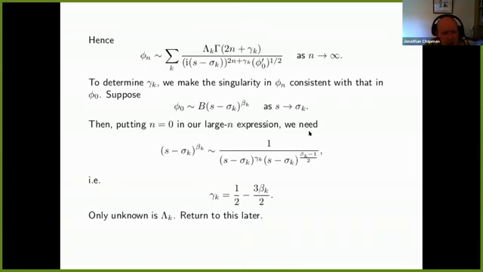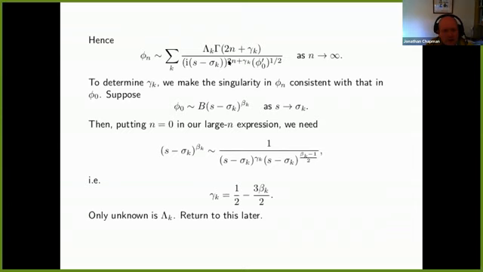To do that, all I do is compare what I would get if I put n as 0 in here to what I know from the leading order solution. Suppose the leading order solution has behavior, as s tends to sigma, of s minus sigma to the beta. Then what would I get if I put n as 0 up here?